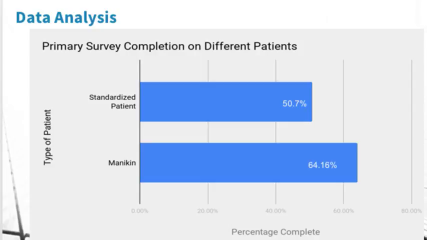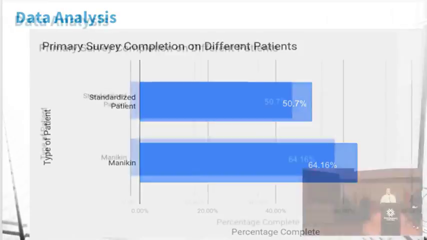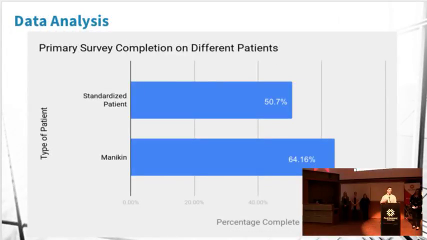Instead, because of limited time, we just analyzed each specific part to show a difference between if they completed it or did not complete that assessment. And while all parts and sections of the primary assessment were important, we focused mostly on showing a difference just between the mannequin and standardized patient and not between each part of the primary survey.